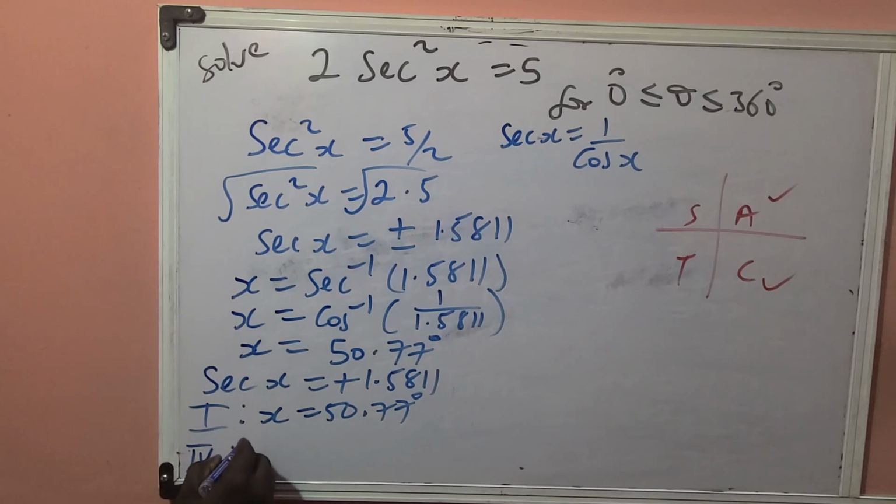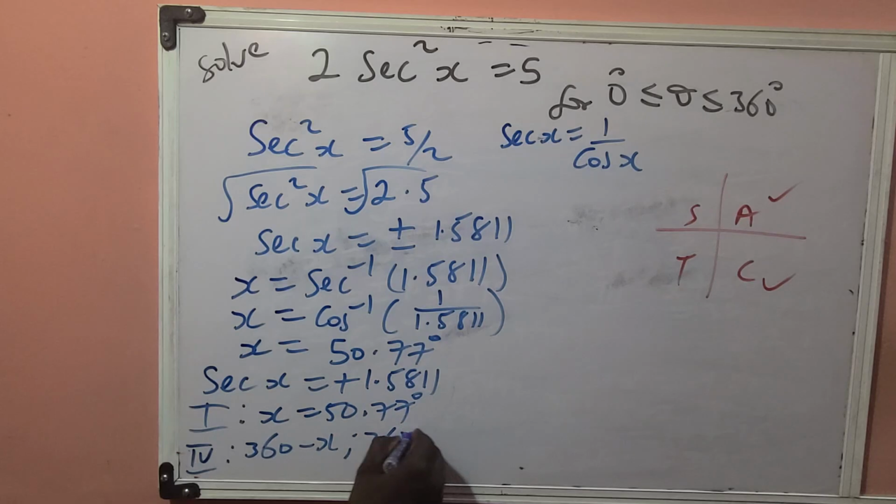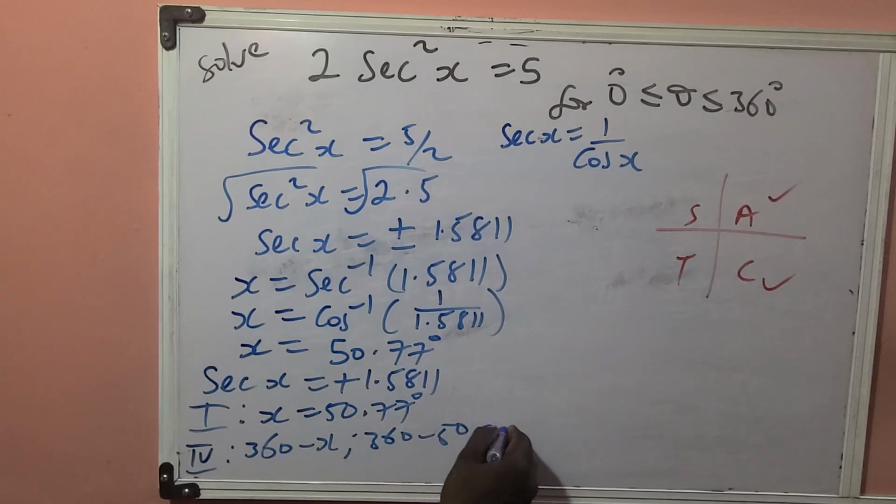When you're dealing with quadrant 4, the rule is 360 minus x. That will be 360 minus 50.77, which gives the value of 309.23. That's the value we get for the first and the fourth quadrant.